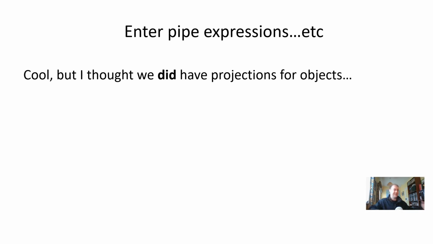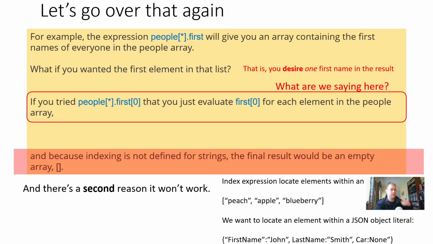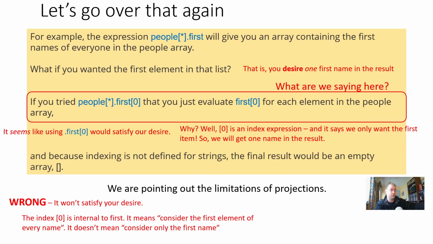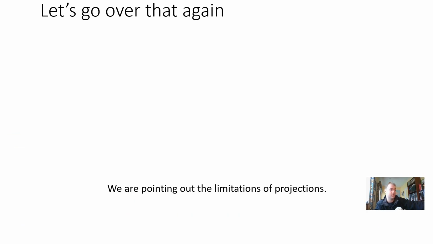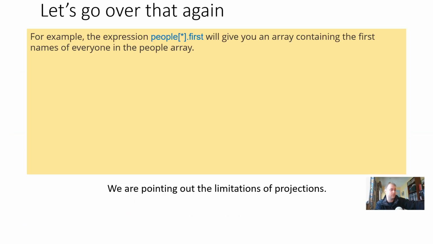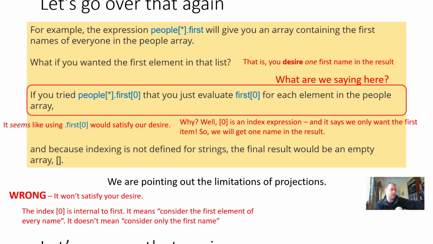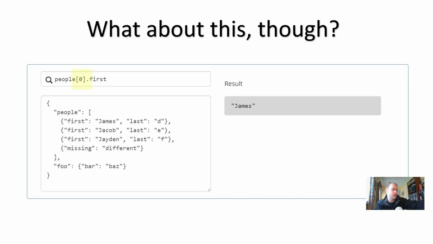And another complaint. Okay, I thought we did have projections for objects. So I'm thinking now, well, if the reason that didn't work when we put first 0 is because indexing is not defined for strings, right? And if we look at the JSON we're trying to query, well, James, his bunch of properties, including his first name, his last name.